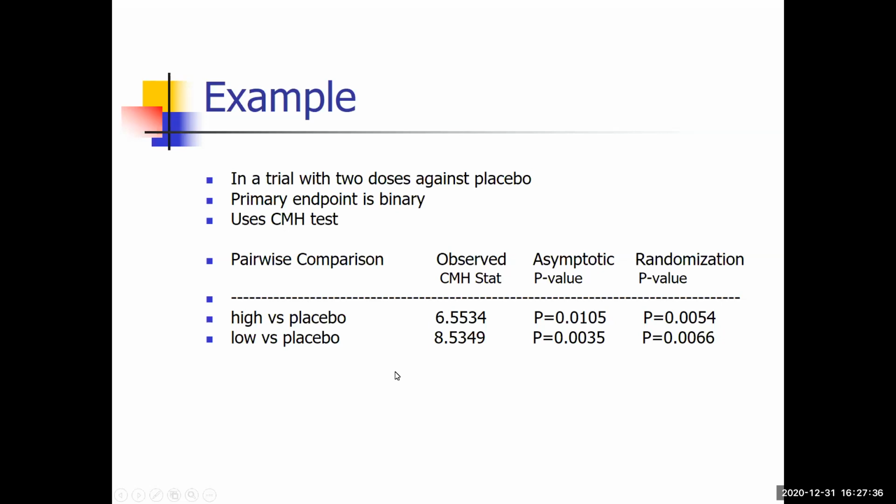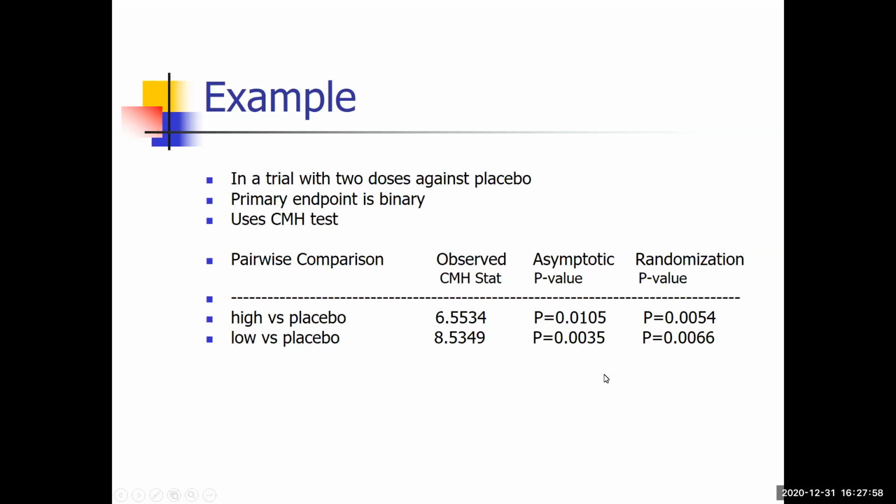Once we re-randomize, we calculate a chi-square value. Then we re-randomize again, calculate another chi-square value, re-randomize again, calculate another chi-square value. We did this 10 million times, so there are 10 million re-randomizations and you get 10 million chi-square values.